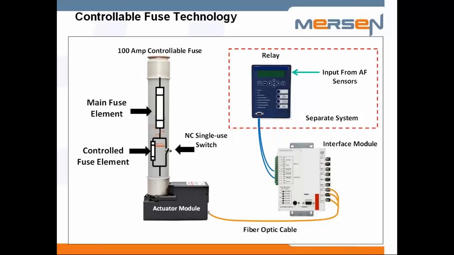Now, the other purpose of the interface module is also to monitor the health of this system, so there's communications that could go back and forth to ensure this is ready to switch. The other function of the actuator module is there are CTs embedded in this fuse as well, and it will block tripping for currents below the ampere rating of this fuse in case there are false trip signals during testing.